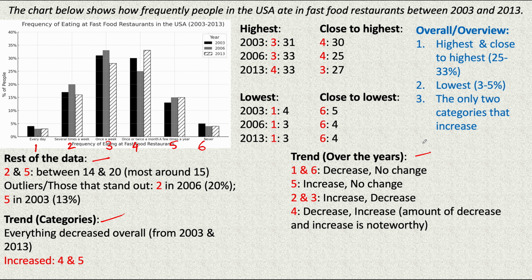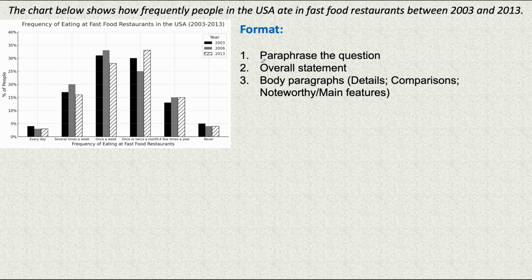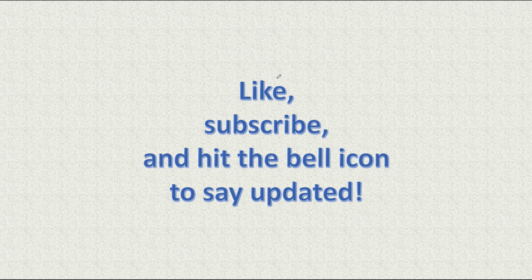Based on this, we figured out the overall. Once we had done that, we used this format of first paraphrasing the question, then writing an overall statement, and after that writing the body paragraphs to complete our writing response. With this, we are done with this sample writing.